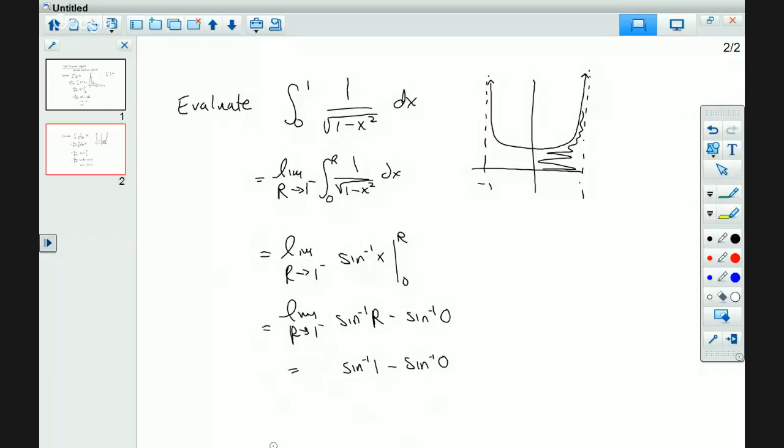At what angle measure does sine give us 1? Which is in radians? Pi over 2. Okay. 1.57. And where does sine give us 0? That's 0. A lot of places, yeah. It is a lot of places.